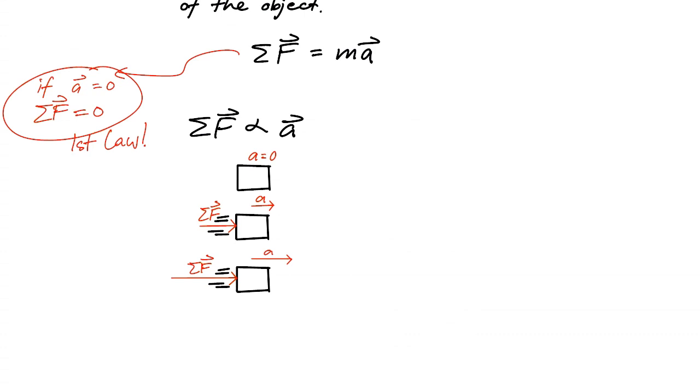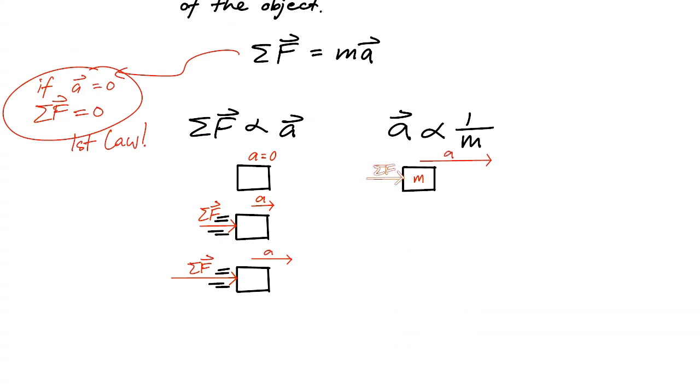Now, the second implication here is that the acceleration ng ating object is inversely proportional sa mass ng object. So, say you have a box with a mass m, and then we apply a net force doon sa box. Katulad kanina, we expect an acceleration doon sa ating box dahil may net force that is applied to it.